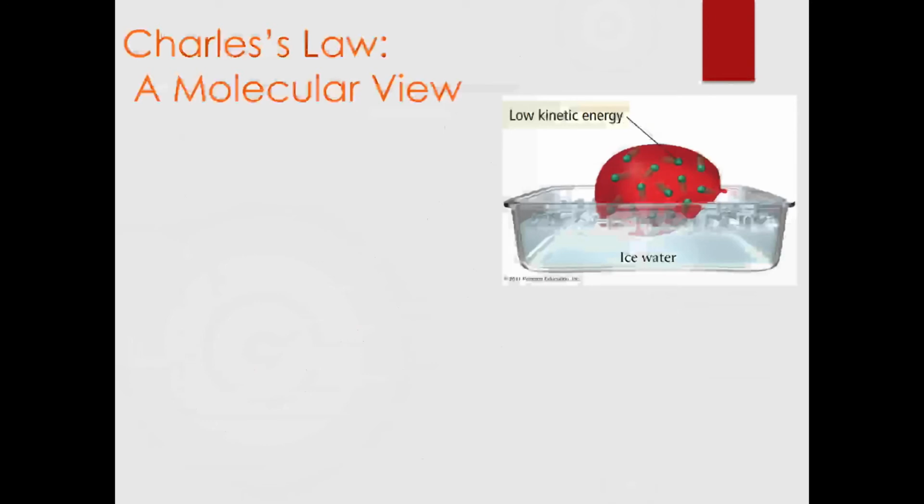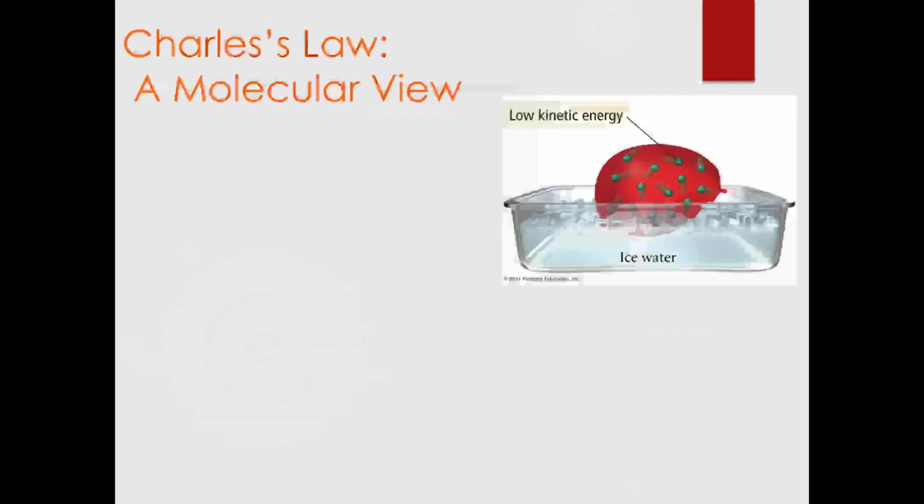So if we think about Charles' law from a molecular perspective, if we filled up a balloon and then stuck it in some ice water, the ice water would cause those particles to cool down, and we know that our temperature is directly related to our kinetic energy. So if our particles have a lower kinetic energy, this means that they are moving slower, and they are going to collide less frequently with the sides of the balloon.